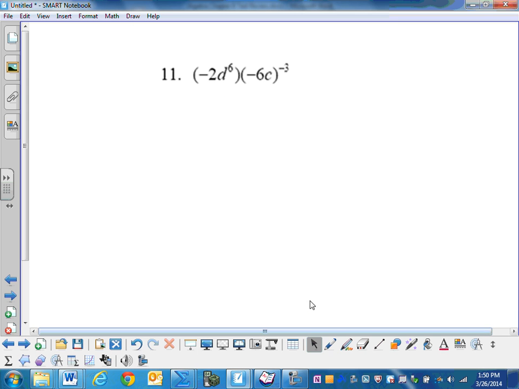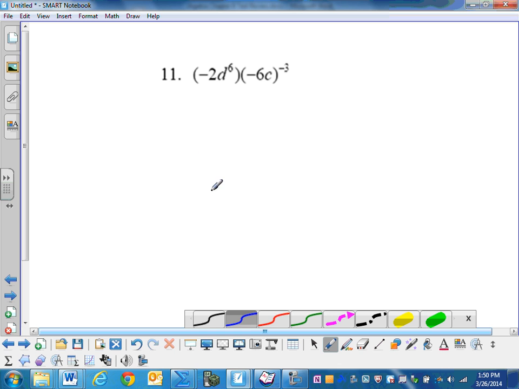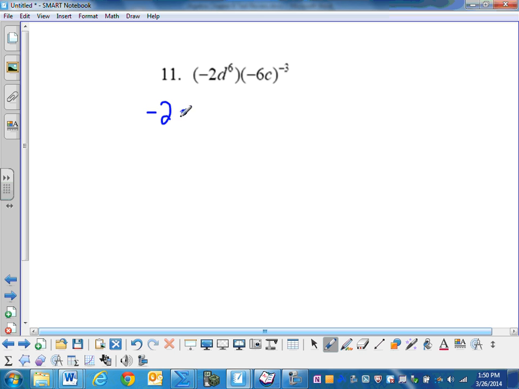Number 11, same procedure. We're going to have negative 6 to the negative 3, c to the negative 3. Negative 2, d to the 6, negative 6 to the third, negative 3, we're going to go ahead and move that down.